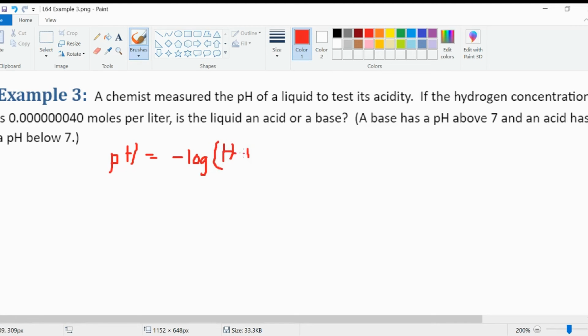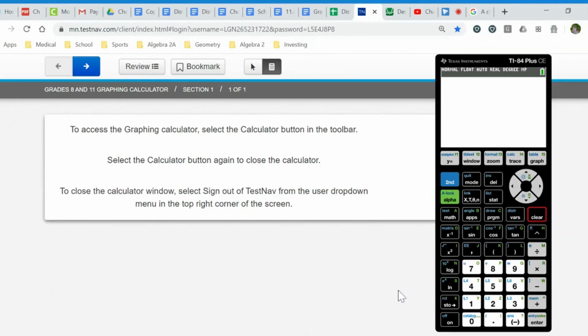So whatever your hydrogen concentration is, you can put that into the formula, negative log, and calculate the pH. We're going to take a look at our calculator, find that log button, and calculate the pH level of this liquid using that pH formula.